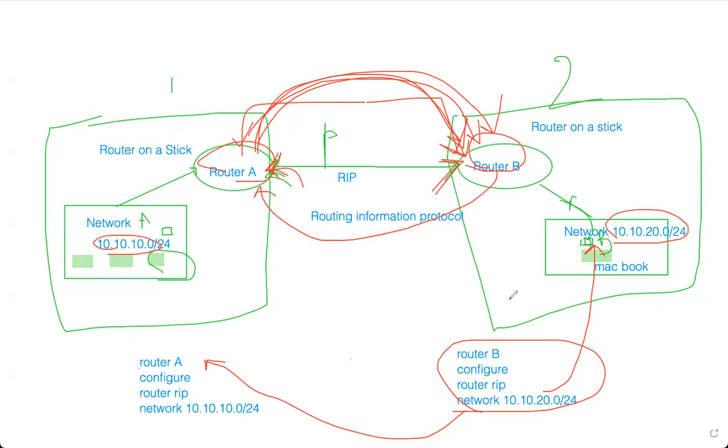So let's say there are two routers, guys. Let me draw that out. From router A to router B it takes 15 hops, and for router A to router B by the other path, it takes 20 hops.